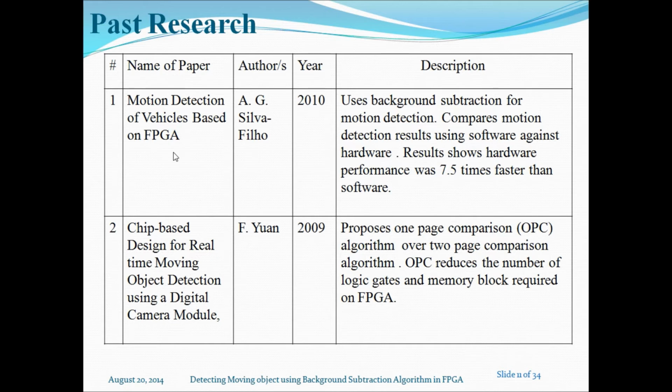In the paper published in 2009, the author has proposed a one-frame comparison algorithm over a two-frame comparison algorithm. One frame reduces the number of logic gates and memory blocks required on FPGA. The work carried out in this paper requires a high-quality digital camera for video capture.